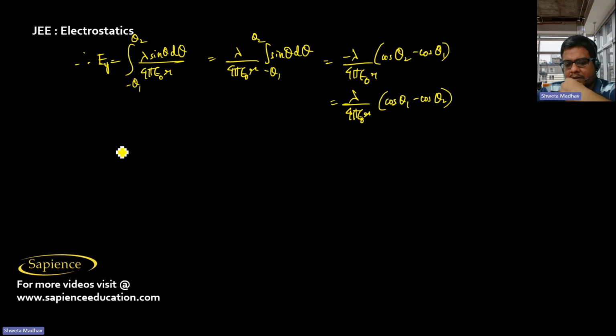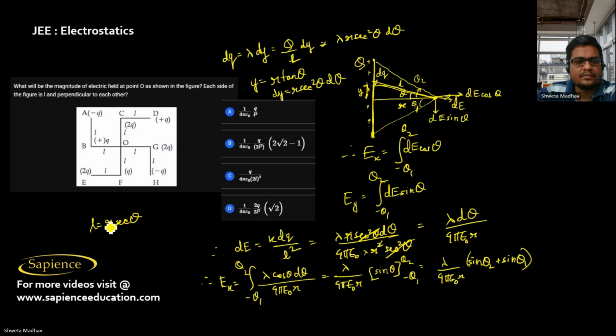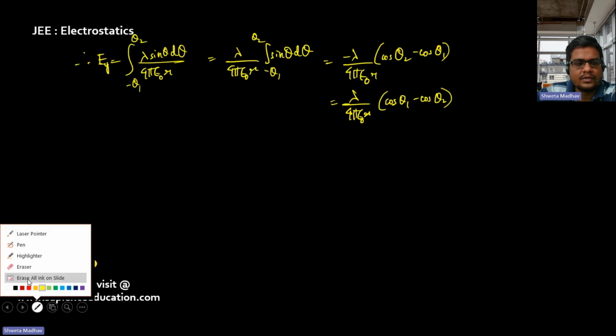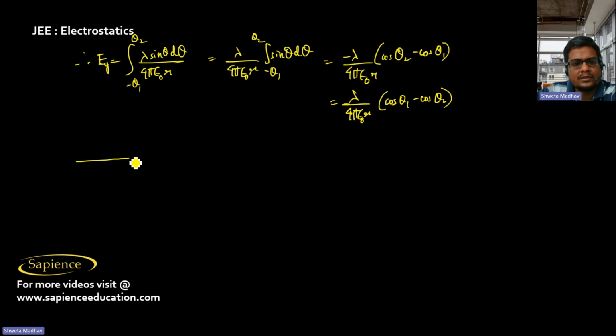So now here we can see that if we have a point like this, then how much will be the electric field at this point P? Now here r is 0, and theta 1 is 0 degrees and theta 2 is 90 degrees.